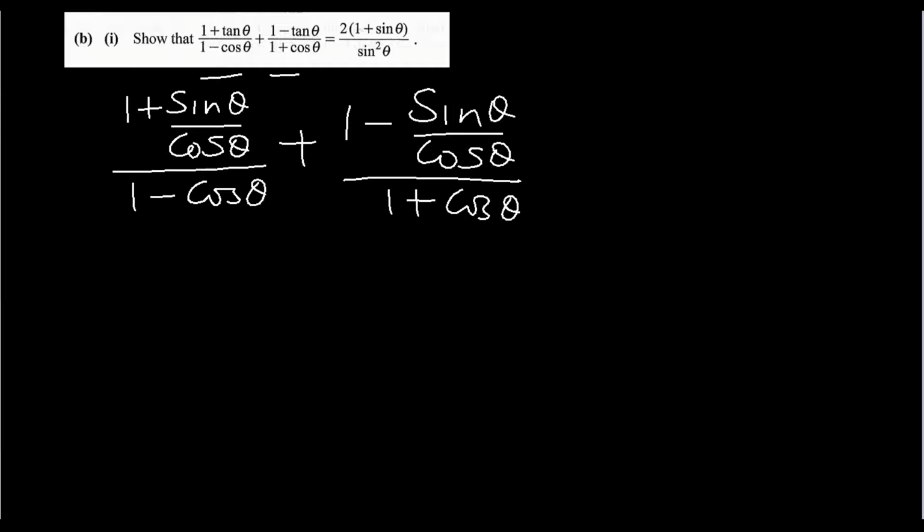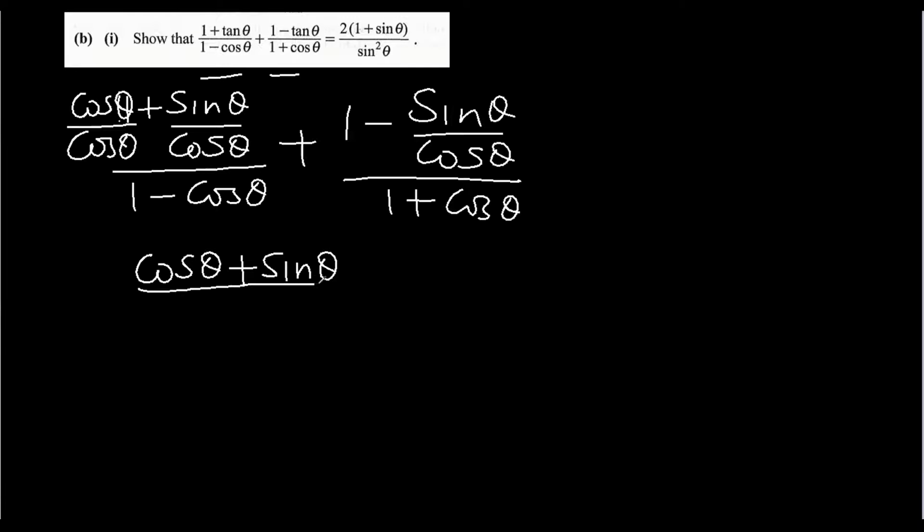Right? Now, this looks very odd, a fraction inside a fraction. So I will focus on the numerators only and then I will take care of the denominator. So this one on the left side, can it be written as cos theta over cos theta, so that I can make them the same? So we get on top cos theta plus sin theta over cos theta.